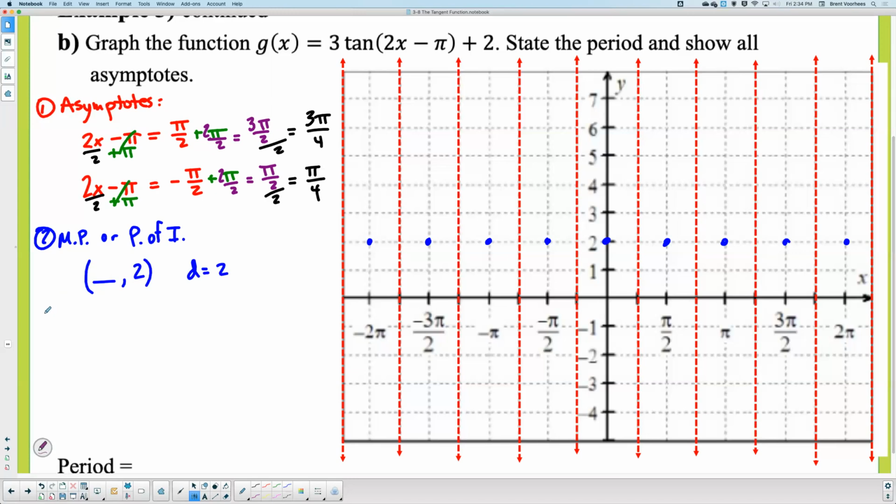And then finally, your A points. In this case, we're going to split our difference, and then we'll take 2 and we will add or subtract 3. So splitting the difference, I should go up 3. So 1, 2, 3. Or going left, down 3. 1, 2, 3.